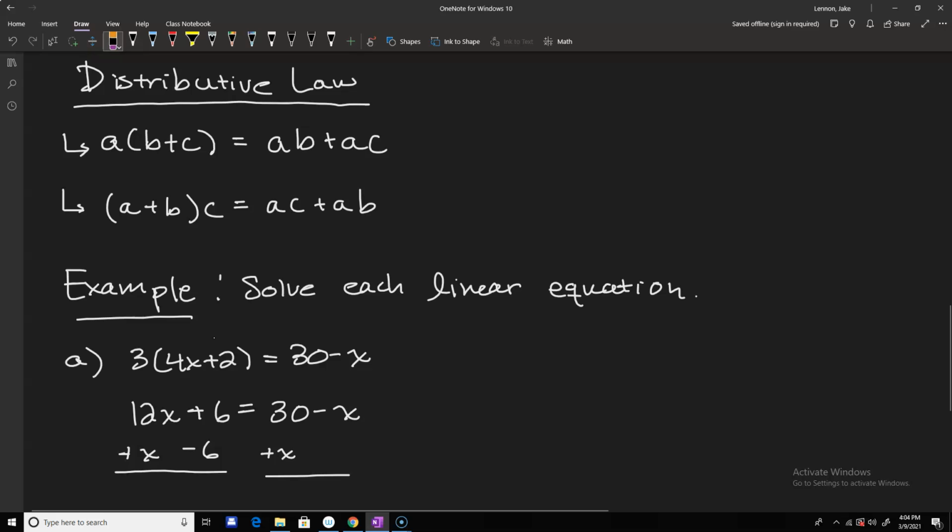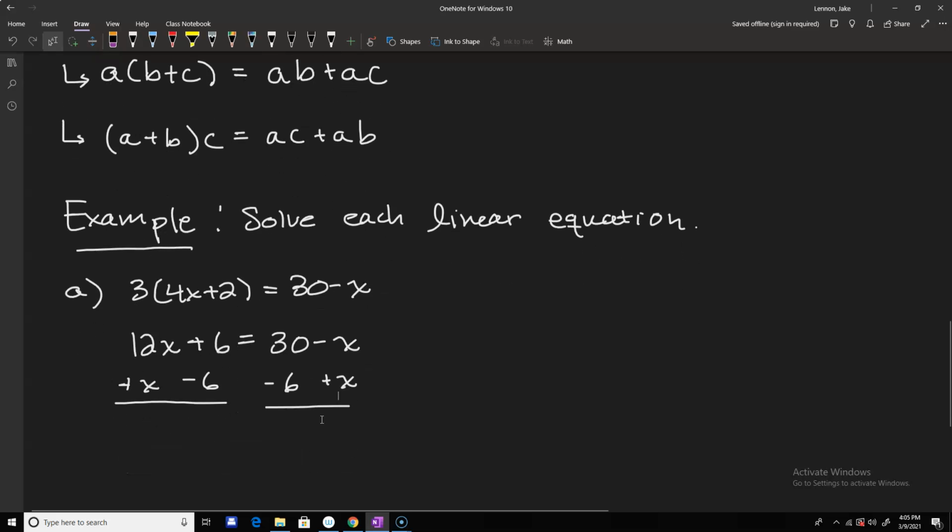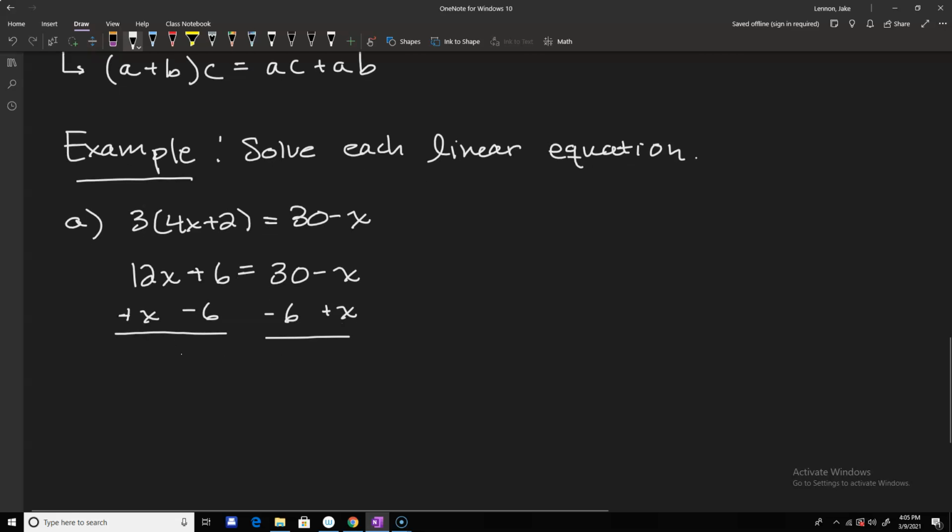So you can kind of do it in the reverse order on the other side since they've written the numbers backwards. Usually you'll see the x's in front, but this time they didn't. So we want to subtract 6 and add x. We just did it in the other order, but addition is commutative, so that's not causing any issues.